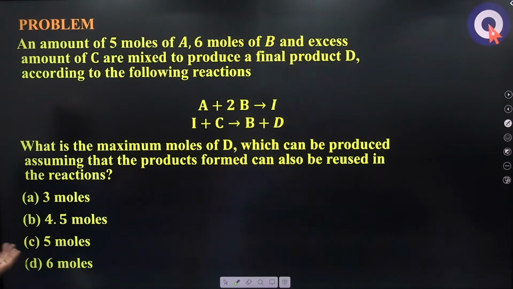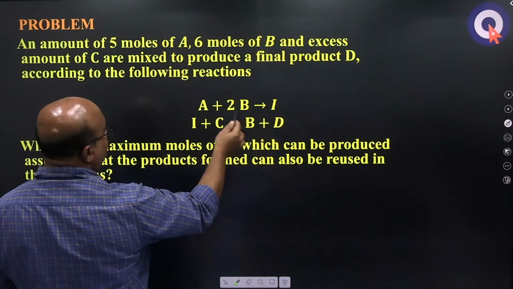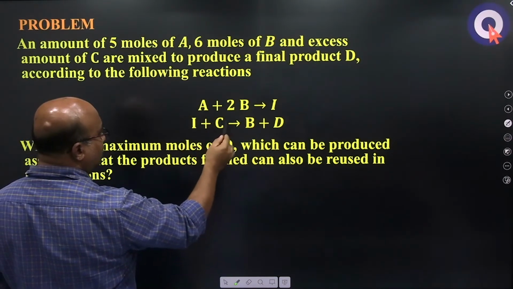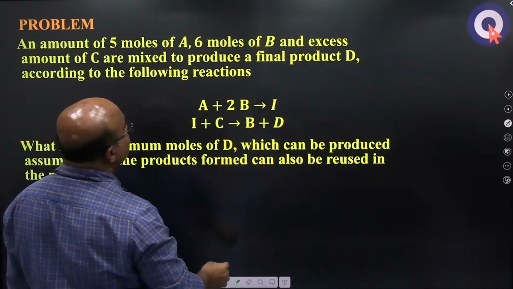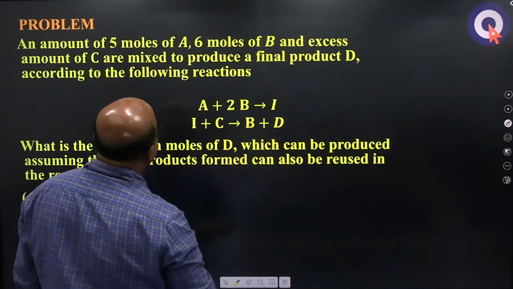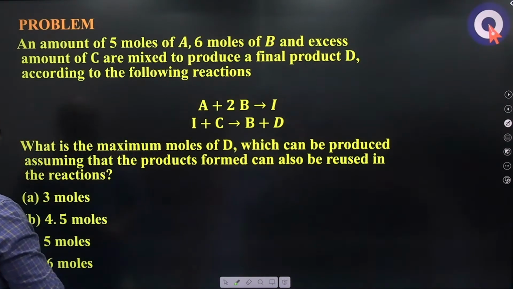So I is an intermediate product which is obtained from A and B. Then I plus C reacts to give B and D. So your final product is D. What is the maximum moles of D which can be produced, assuming that the products formed can also be reused in the reactions?